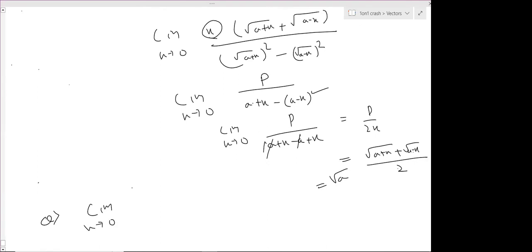Limit x tending to 0, under root a square plus x square minus under root a square minus x square, whole divided by x square.